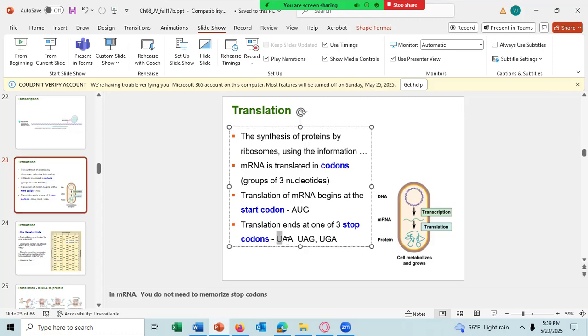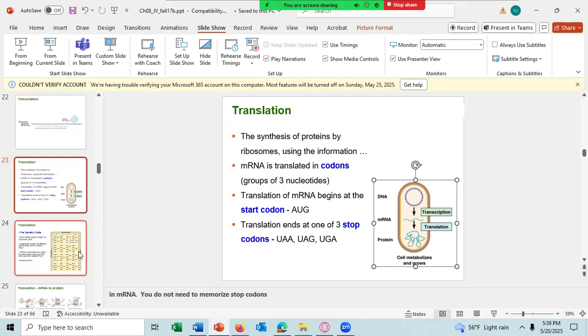You don't need to memorize these because there's 3 of them. You should memorize the start codon because there's only one, AUG. But there's 3 stop codons, like UAA is one. And when the ribosome reaches the stop codon, it will stop protein translation. The ribosome will fall apart. The messenger RNA will be released. Any questions about any of that?